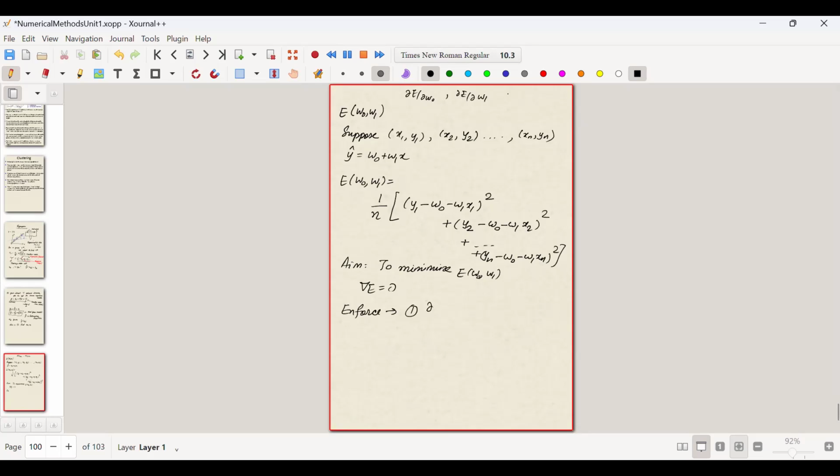One is dou E by dou W0 equals 0. Right? It's simple, you can correlate. If you are asked the maximum and minimum of a function, you set the derivative to 0; here you are setting the partial derivative to 0. Yes. Now the second condition is, by doing this, you can get minima or maxima. Actually minima, right?